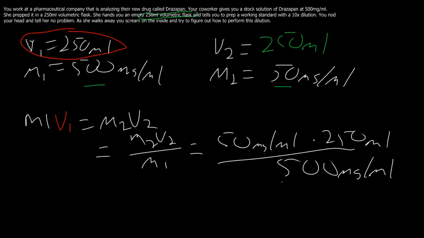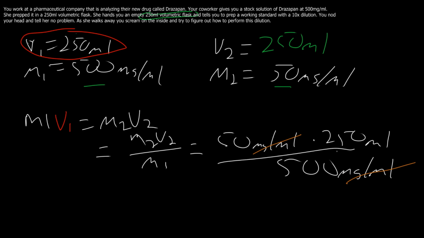So again, let's do out some math. When I'm doing out the math, I cross out the mg per mL. All I'm left with is milliliters now, so it's good. I know all I have is milliliters.